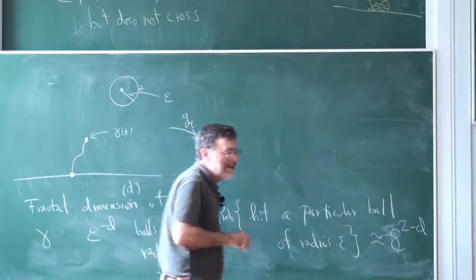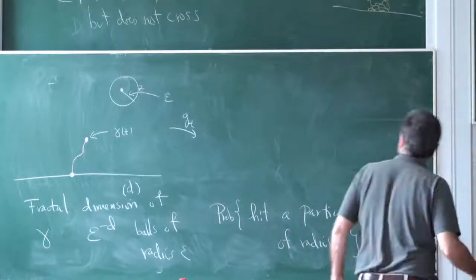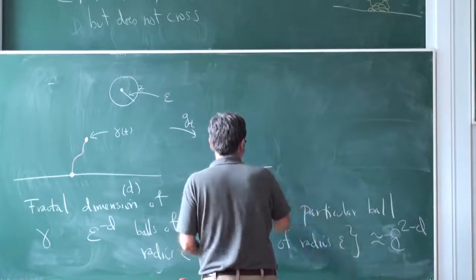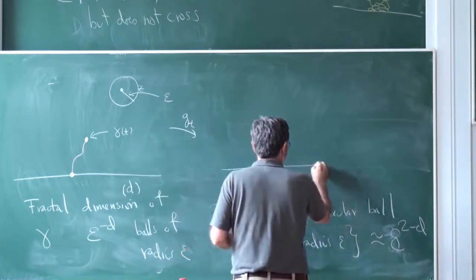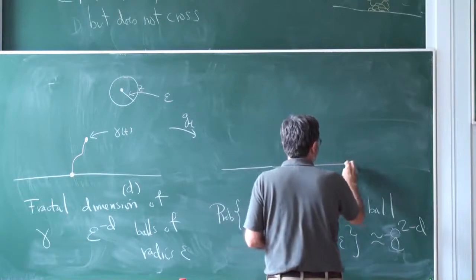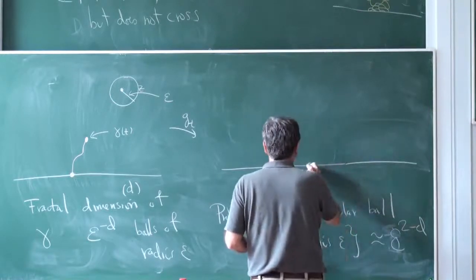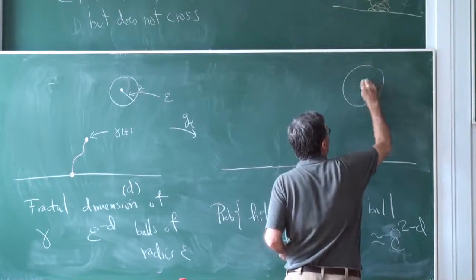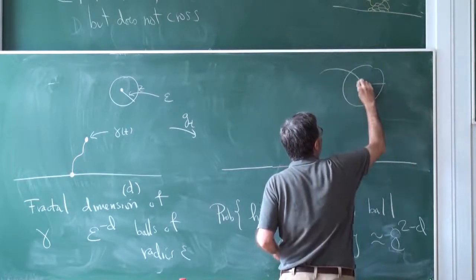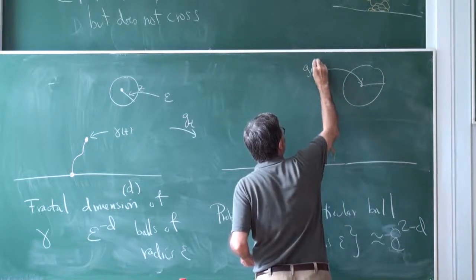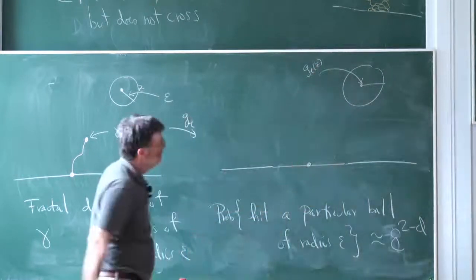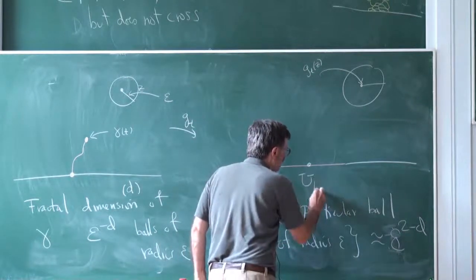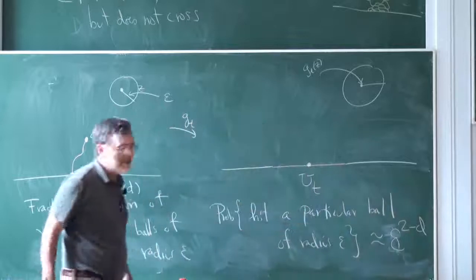We'll go by g t. So that's now g t of z. This is u t.